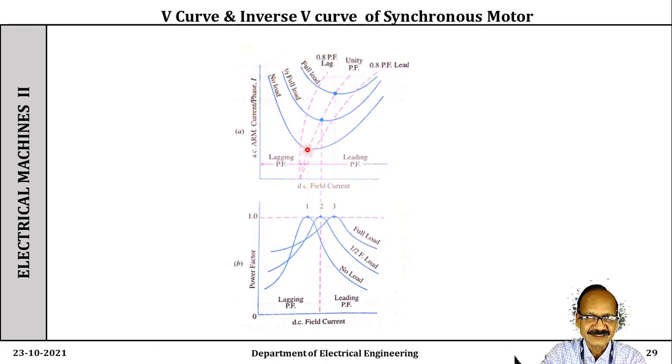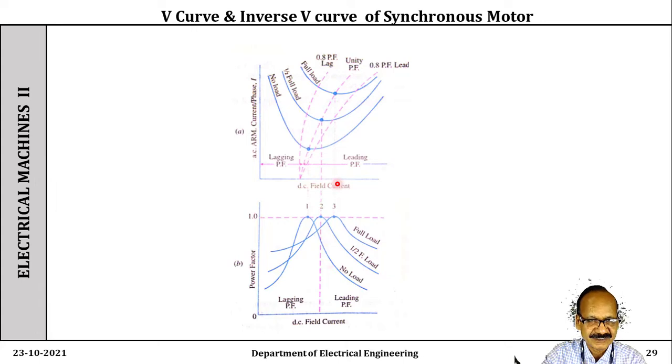At no load, the armature current becomes minimum at a certain excitation. For half load, the armature current becomes minimum with increased excitation. Further, at full load, the armature current becomes minimum and its magnitude is large as compared to the previous two cases, and that occurs at a higher excitation.